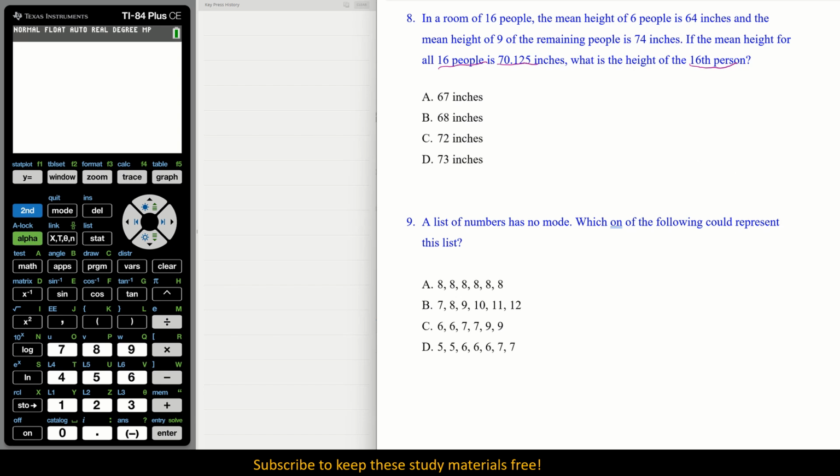We need to say the first 6 people times the 64, okay? Then we will add the 9, okay? All right, times the 74, okay? We're trying to get that value of all of them added together, all right?